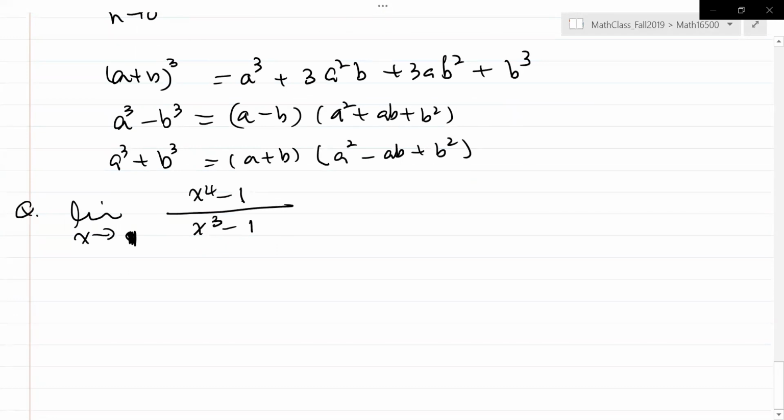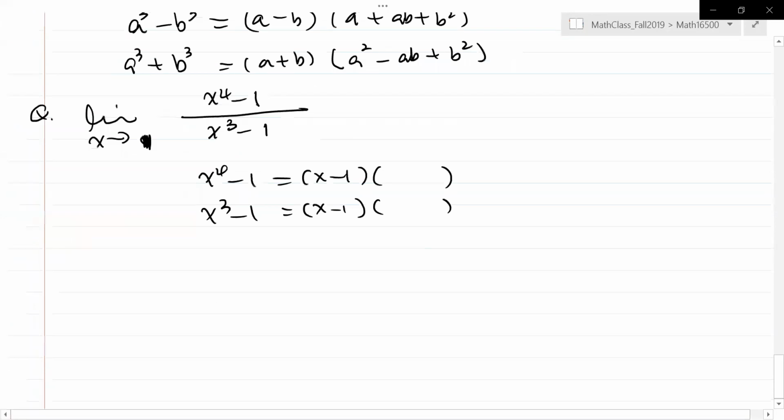Can you do that? x to the fourth minus 1 should be x minus 1 times something, and x cubed minus 1 should be x minus 1 times something.